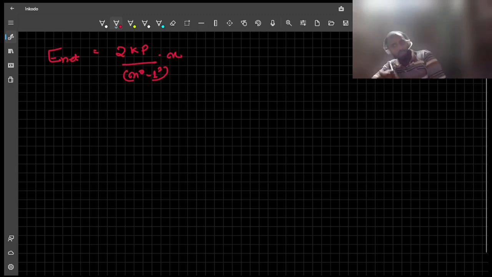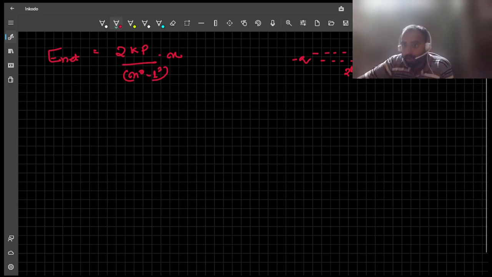Here we are going to a small approximation. In the initial time I have told the distance of the dipole, here a minus q and plus q, is very less, of the order of 10 to the power minus 6, like micrometer or Angstrom. But here the distance at which we have to find the electric field will be in centimeter.